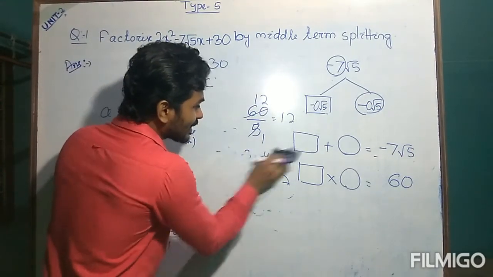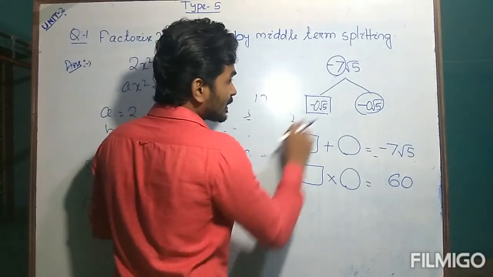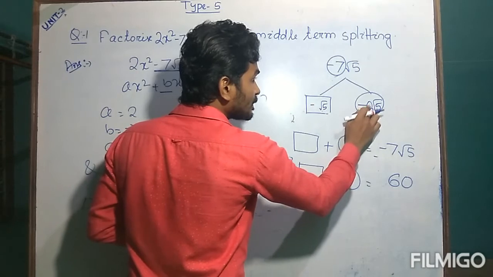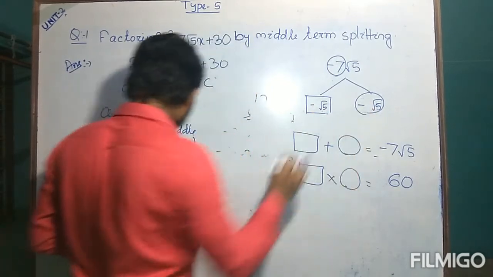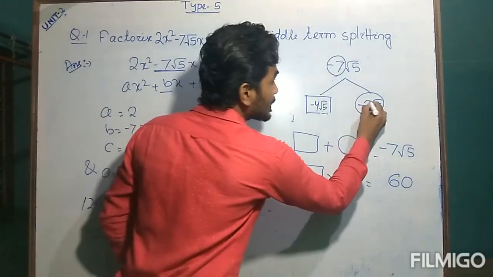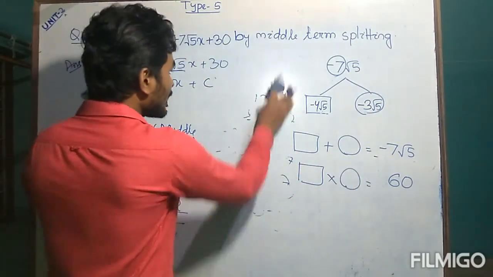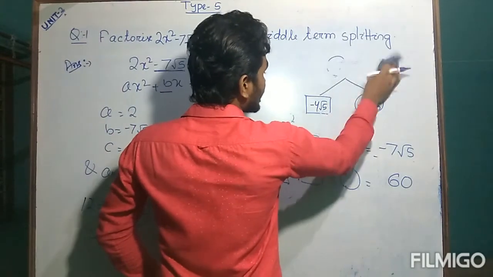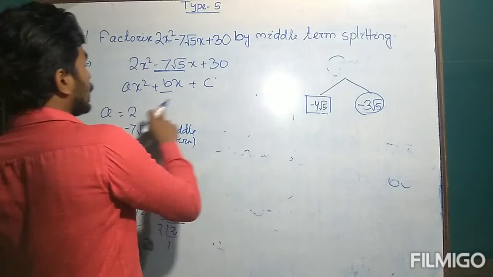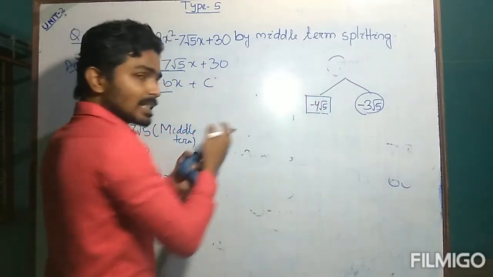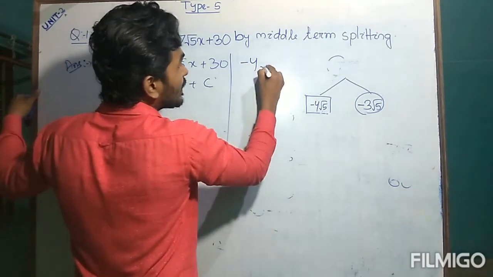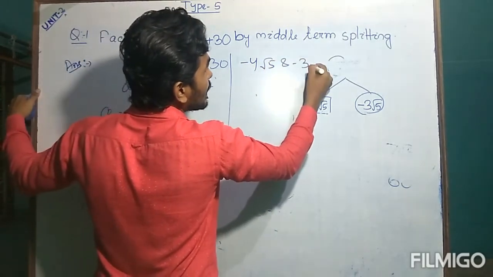Hence, you can write the two numbers that you need here, the two rational parts must be minus 4 and minus 3. Okay, that is clear. So you can write that minus 7 root 5 is being split into two parts. What are the two parts? Minus 4 root 5 and minus 3 root 5.